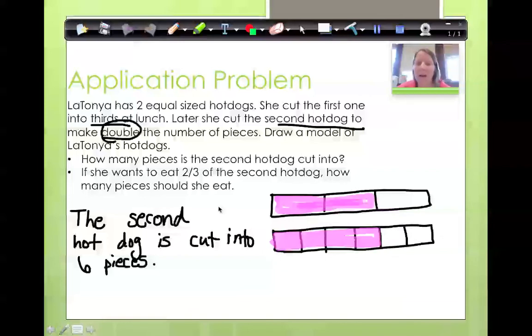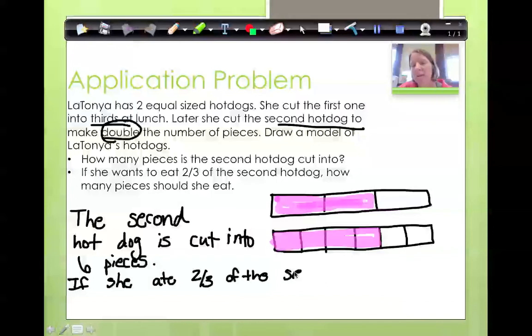We can figure that out. So how many pieces would she eat? 1, 2, 3, 4. Okay. If she ate 2/3 of the second hot dog.